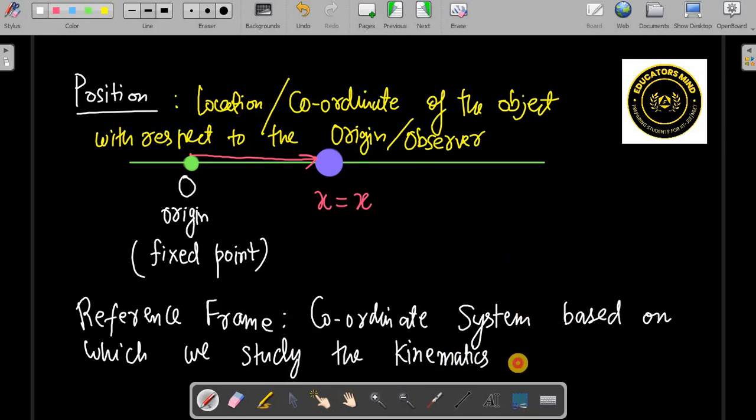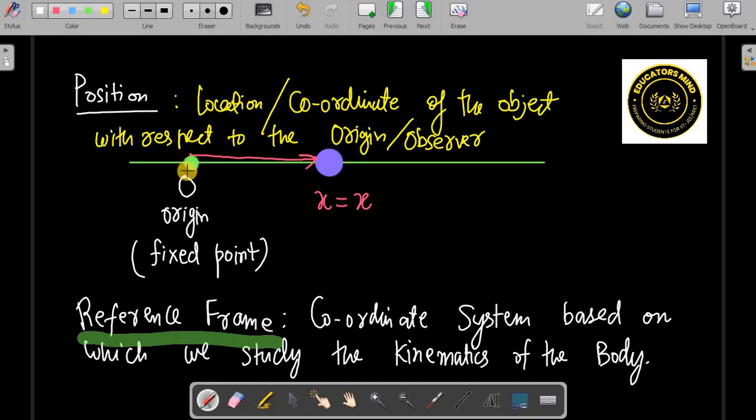Based on which we study the kinematics of the body. Kinematics means the motion, right? The study of motion. We want to study the motion of the body, like the distance, displacement, position, velocity, acceleration, all these things from a particular coordinate system. That coordinate system is the frame of reference.